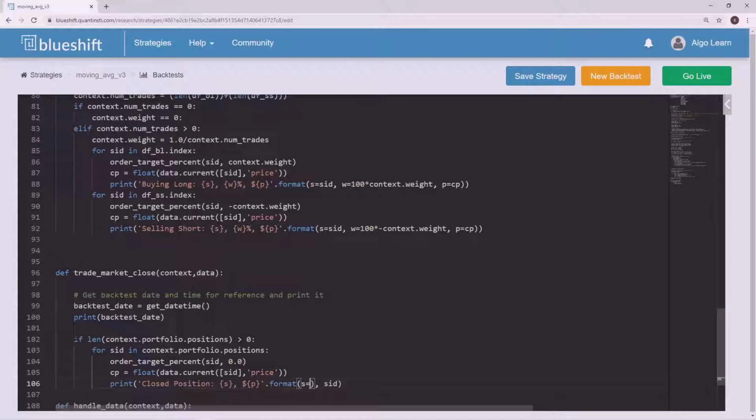S equals SID, and price equals current price. That's what we're going to get. So when we close the position, we'll be able to see what price we closed for, and that will be, of course, something helpful for us as we go back and audit this.